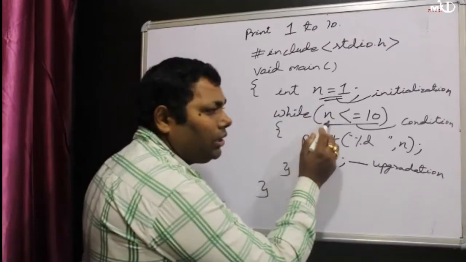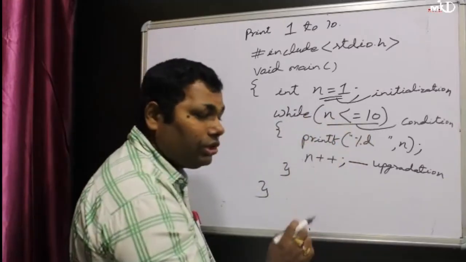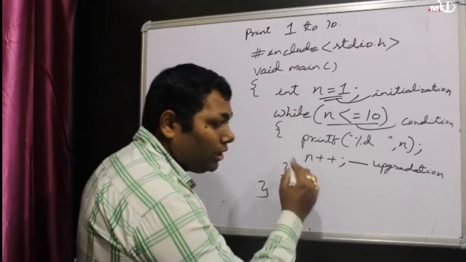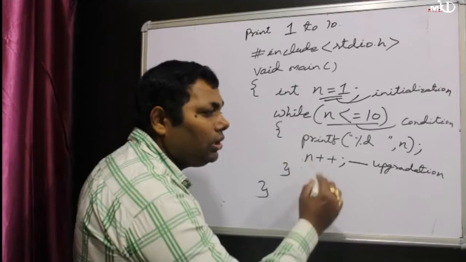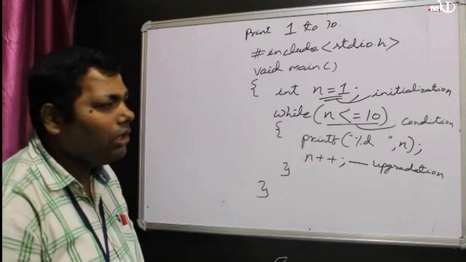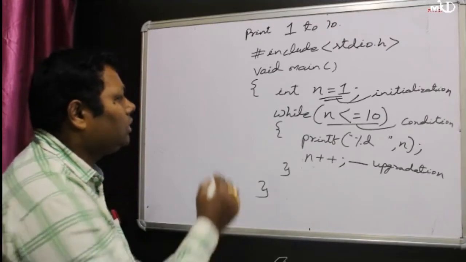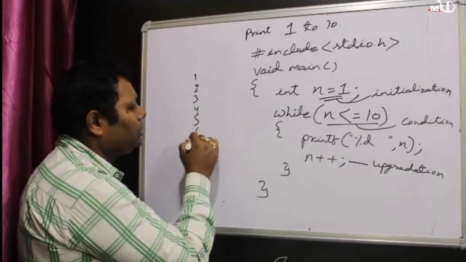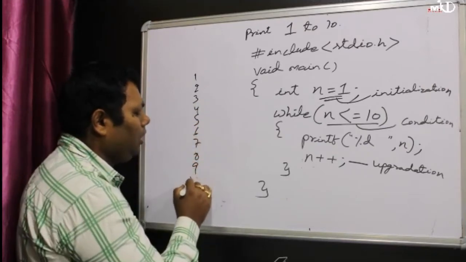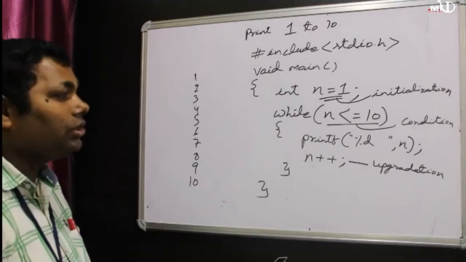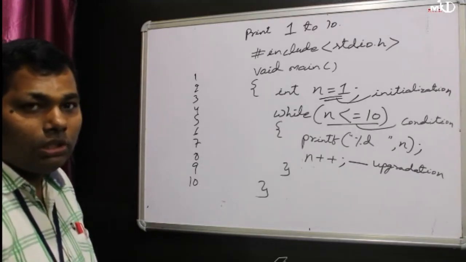We are comparing the control variable with the condition, and inside the curly braces, that is the body part of the loop, we change the value of the control variable. Okay, so the output is 1, 2, 3, 4, 5, 6, 7, 8, 9 and 10. When the n value is 11, the condition is false. Clear?